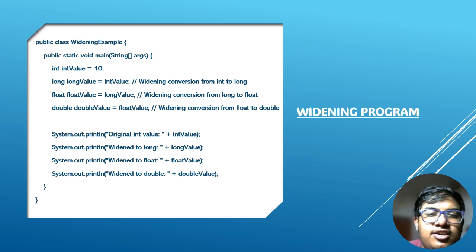In widening, the data types are changed automatically. So if you see in this program here, the int value is 10. long longValue equals intValue. So what happens is that 10 automatically becomes a long or a float or double as it is declared over here. So it doesn't need a separate initialization.